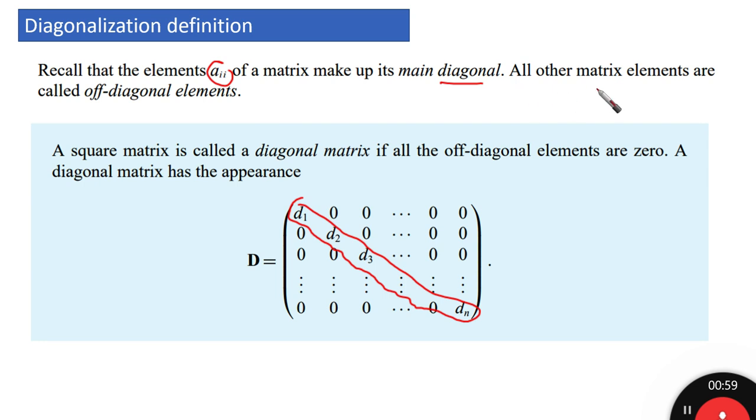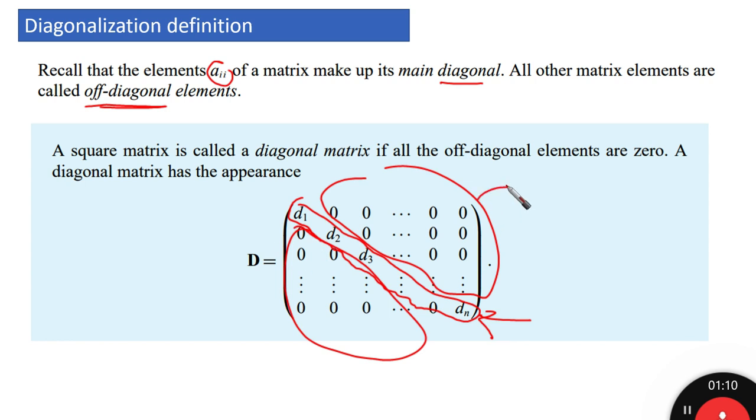All other matrix elements are called off-diagonal elements, as you know. So this is the diagonal, and these are the off-diagonal elements.